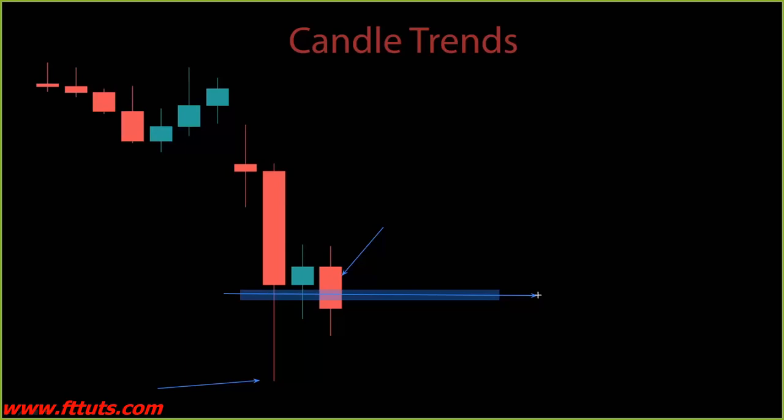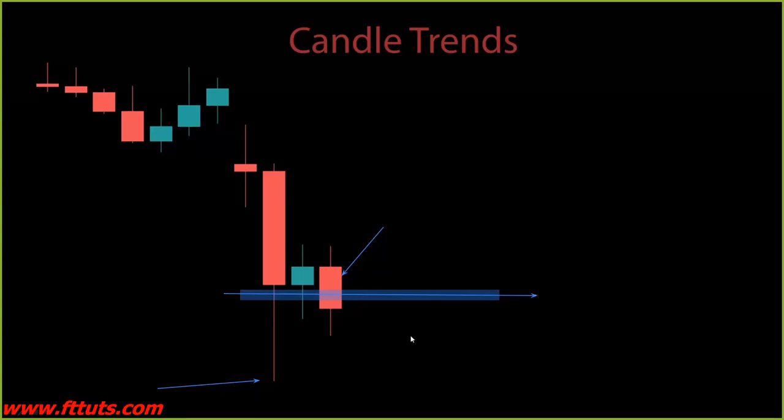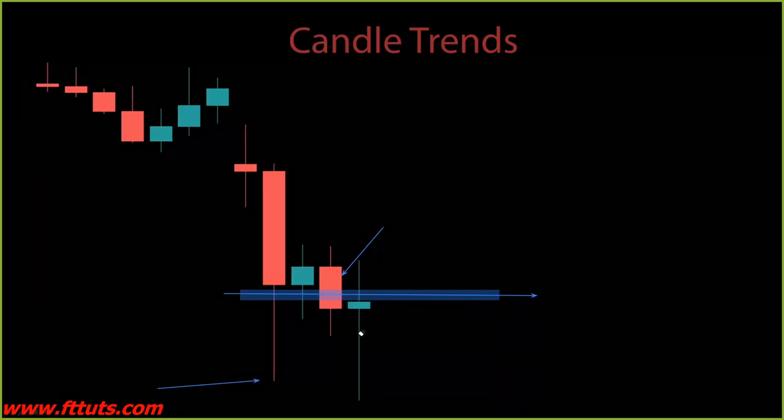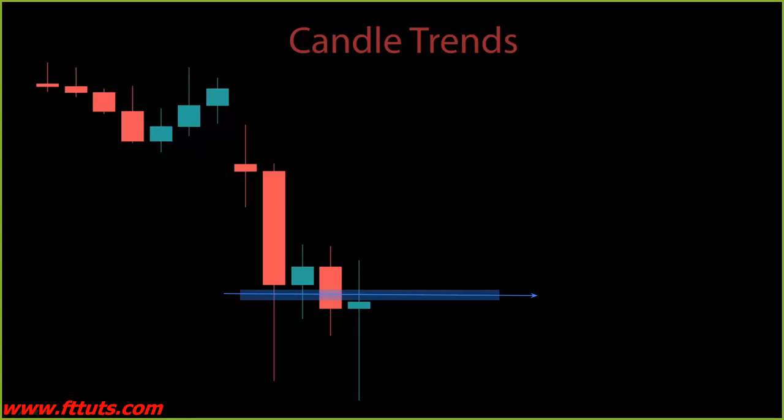You know, this could have been a nice idea to take a trade, but if you notice the next candle just wicked all the way down, filled the wick, and then continued moving up, right? So if that trade was missed, now we don't know when to take a trade. Now we're just waiting. It's just pretty hard to take a trade because now we're starting to go up and we're coming into this resistance area.